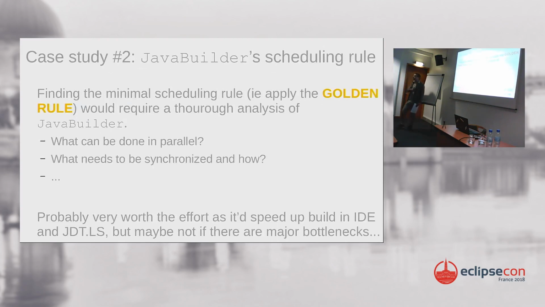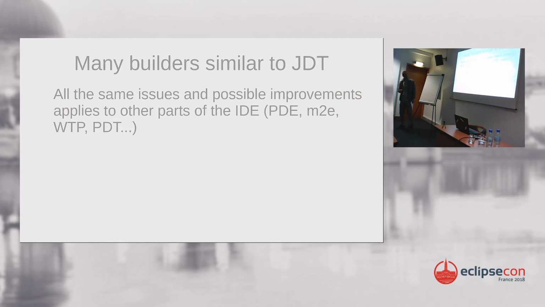But it's important also to acknowledge before starting this that maybe we realize that the JDT Java builder doesn't enable parallelism well and that there will be no gain. There is always a chance that it doesn't work, but it's definitely worth trying. And as I said, many builders have the exact same issue of locking the workspace scheduling rule.